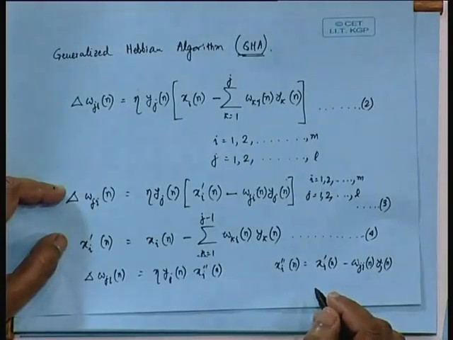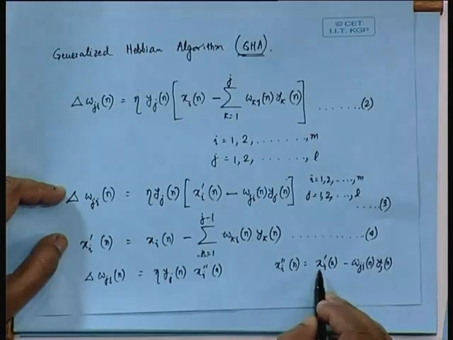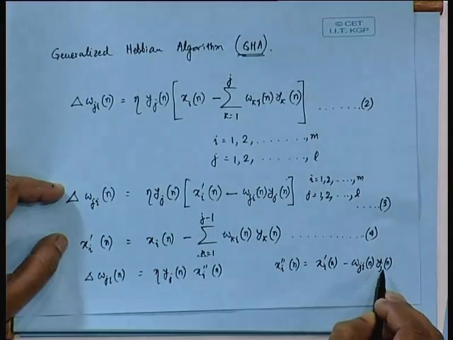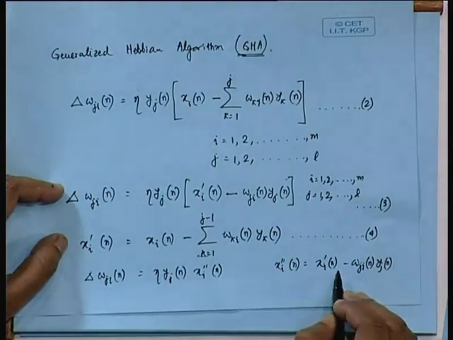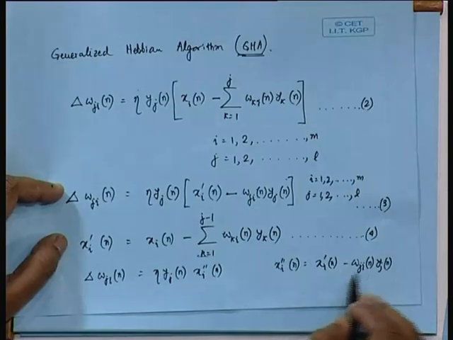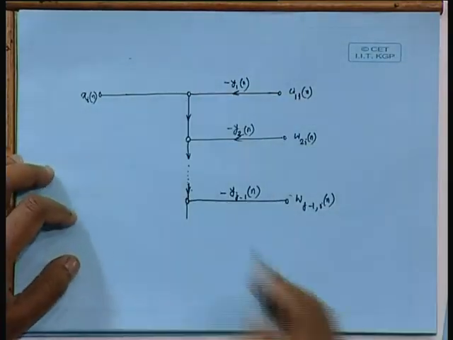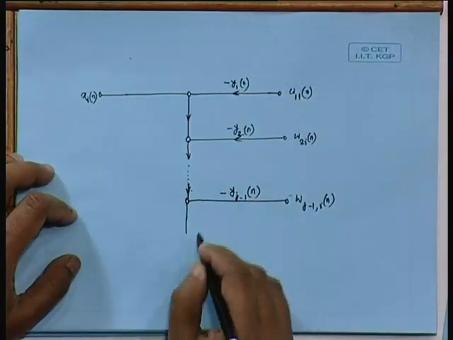And from here what we have to realize is xi double prime n, which we have said should be equal to xi n minus wgi n yj n. That means from here we have to subtract another term, wgi n yj n, and it is being subtracted here.